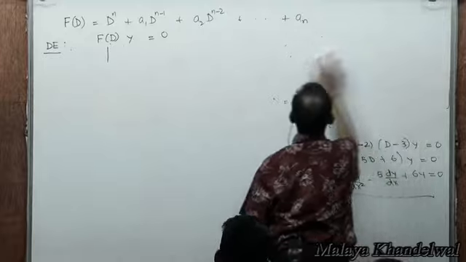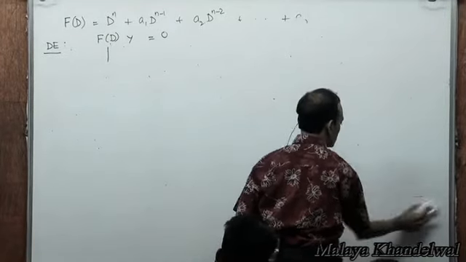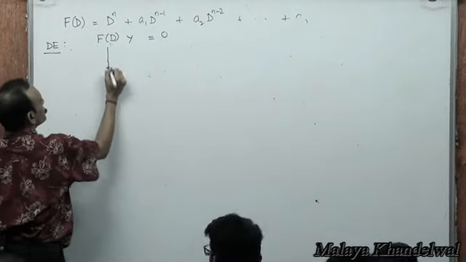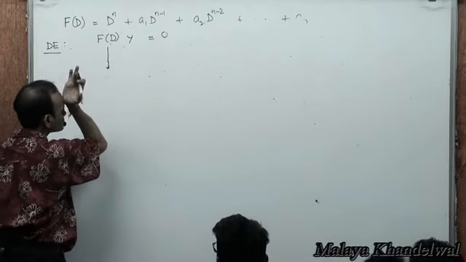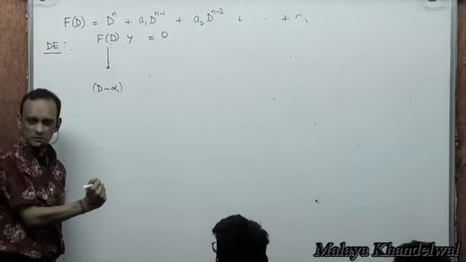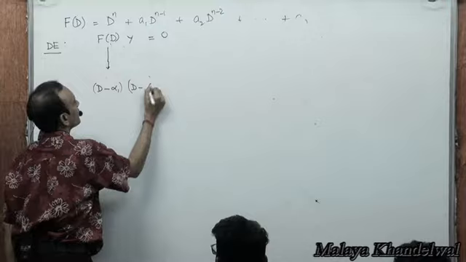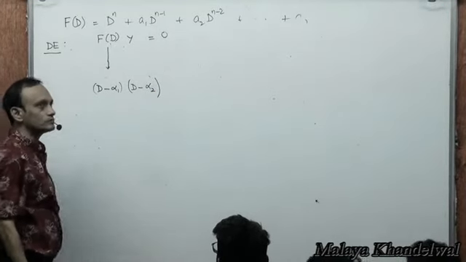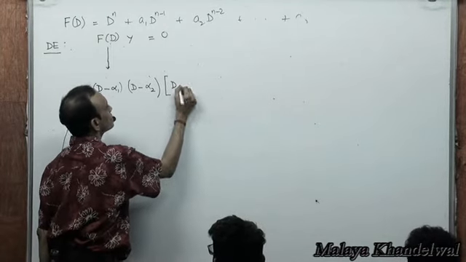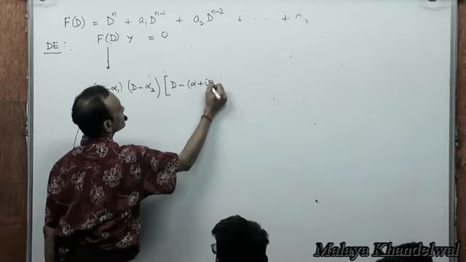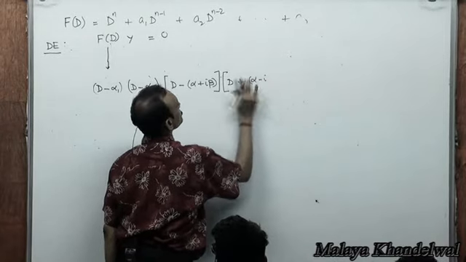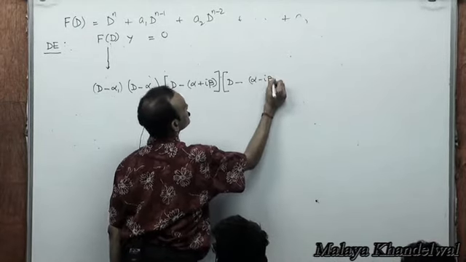Suppose I have again an operator F(D) which was, say, (D minus alpha 1)(D minus alpha 2)(D minus alpha minus i beta)(D minus alpha plus i beta) acting on y equal to 0.